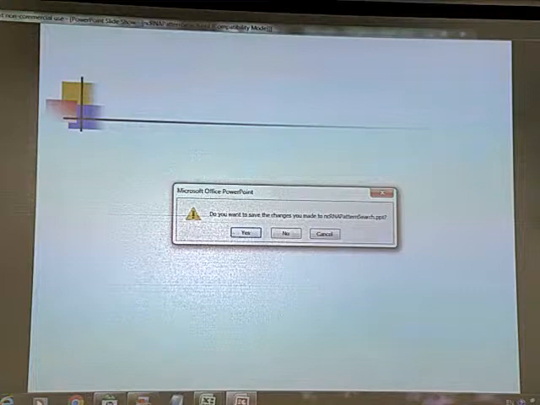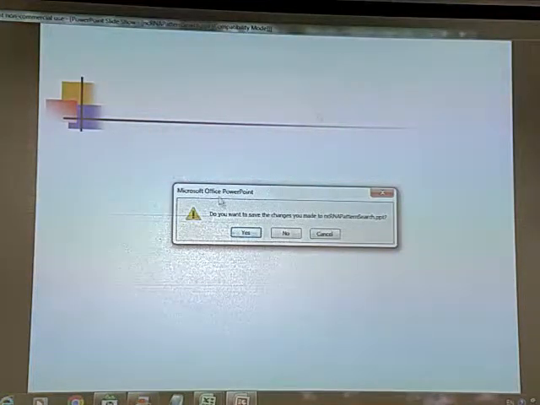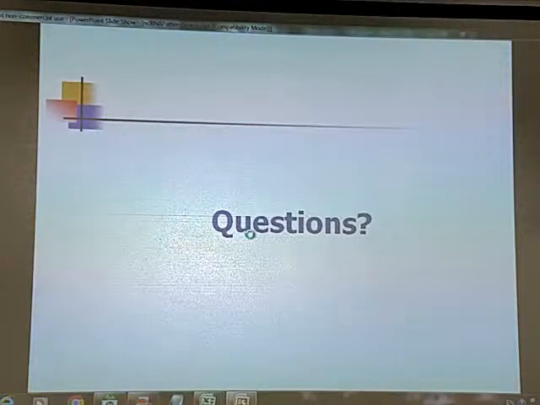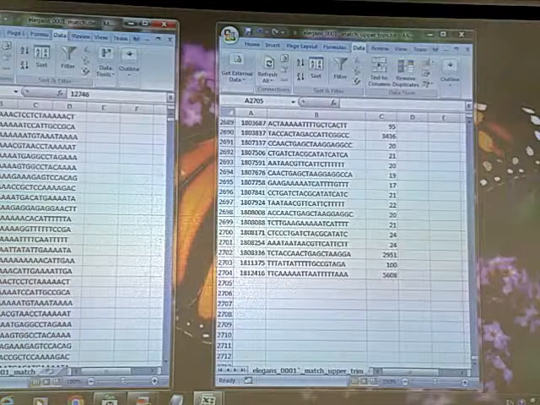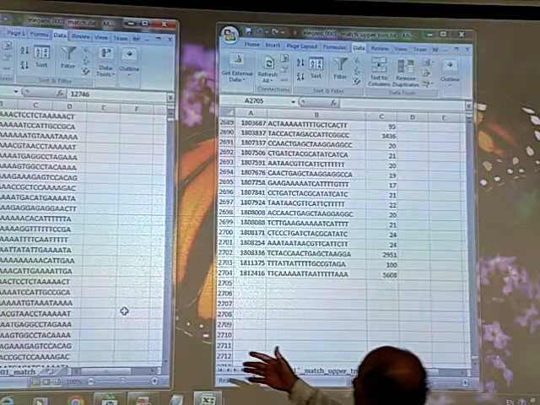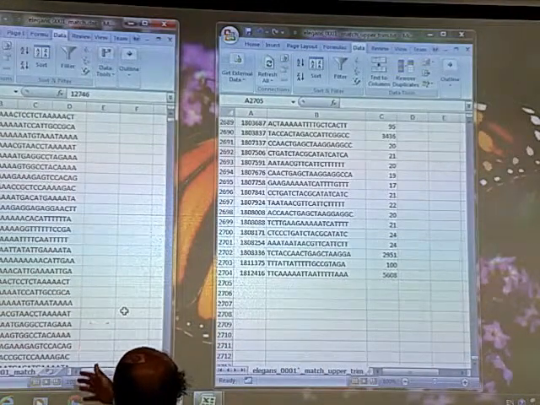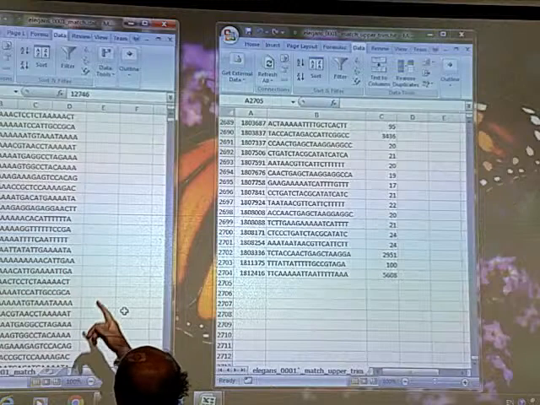Okay, let me just try to show you the nematode. Here is the search pad, the match that I got from the nematode.